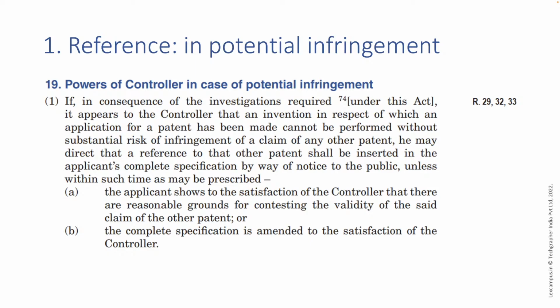These are the rules that are relevant, and if you see our main video on this, the lesson on Section 19, you will find explanation to everything in one place. So please make it, this is just a revision, we will not be covering this in great detail here. Rule 29, 32 and 33 are the relevant rules for this provision.